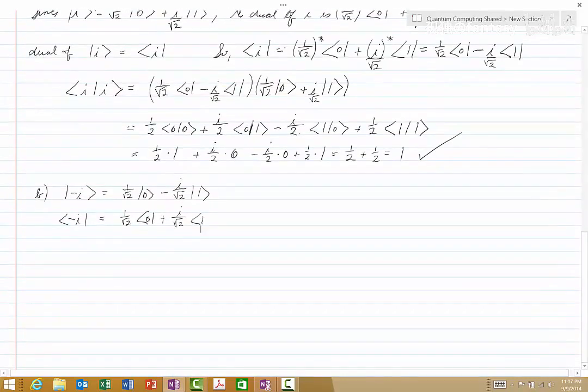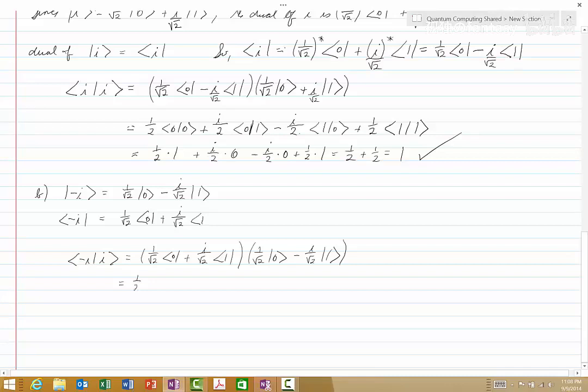1. And now when we pre-multiply the ket by its dual, we will get minus i equals 1 over square root of 2, 0 plus i over square root of 2, 1, times 1 over square root of 2, 0, minus i over square root of 2, 1.